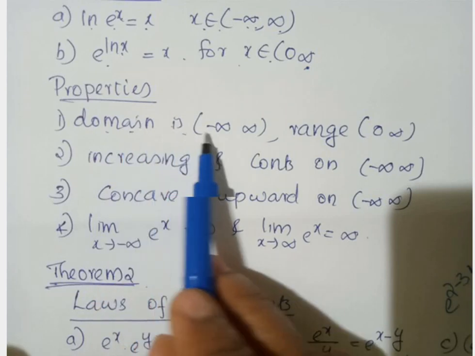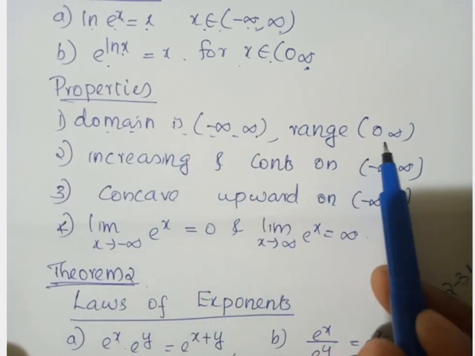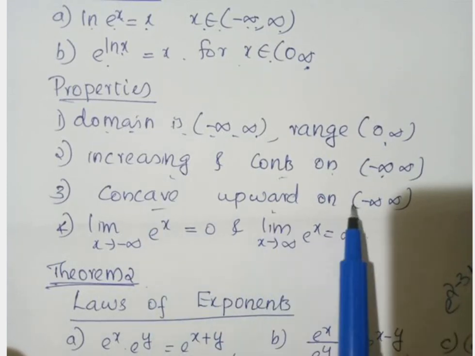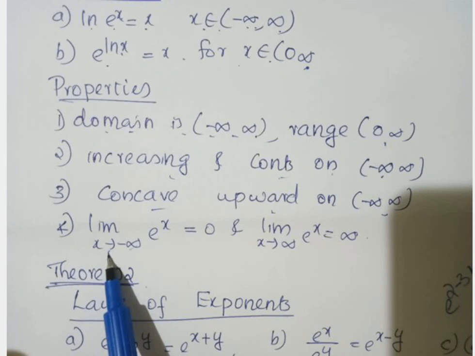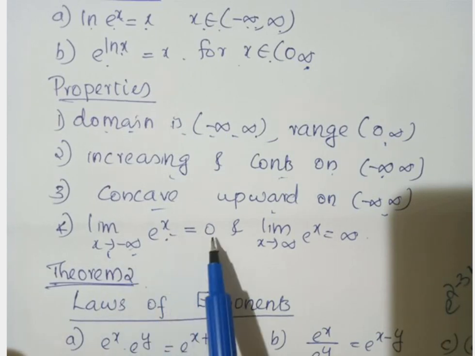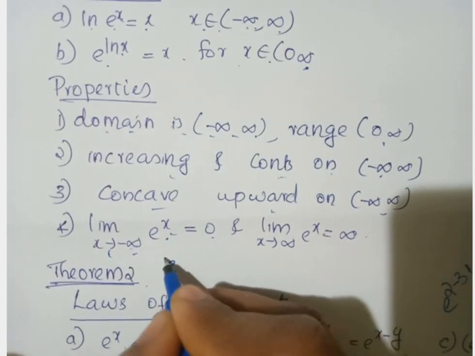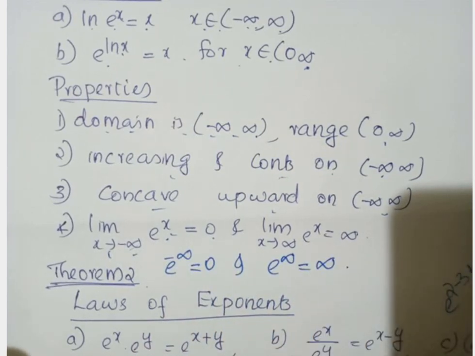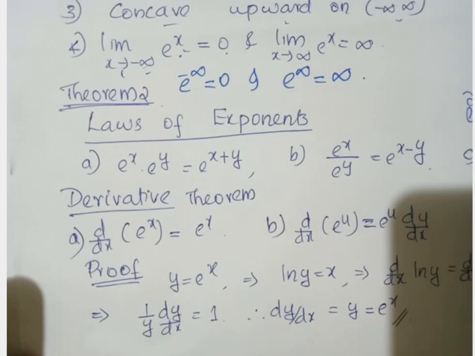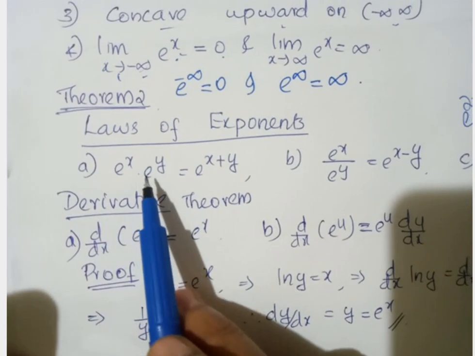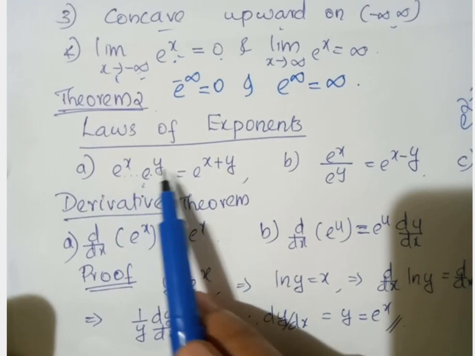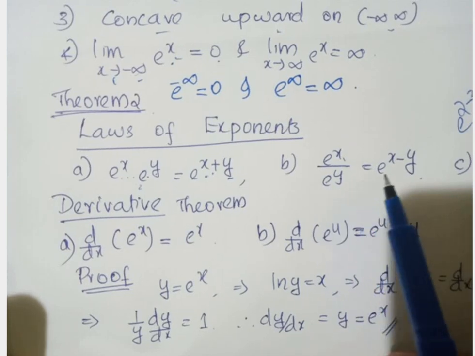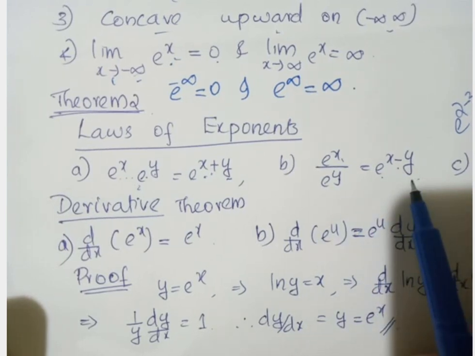The domain is minus infinity to infinity, and the range is 0 to infinity. It is increasing and continuous on this interval, and concave upward. The limit as x tends to minus infinity of e raised to x is equal to 0, that means e raised to minus infinity equals 0, and e raised to infinity equals infinity. And you know the results of the exponential: e raised to x into e raised to y equals e raised to x plus y, and e raised to x divided by e raised to y equals e raised to x minus y.